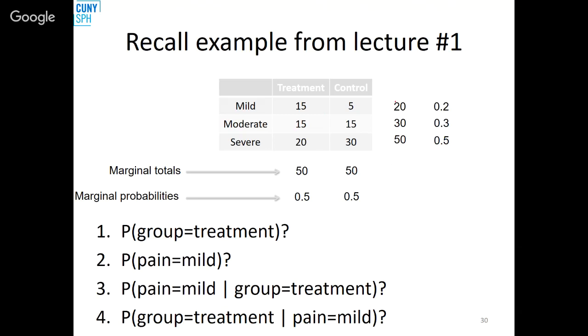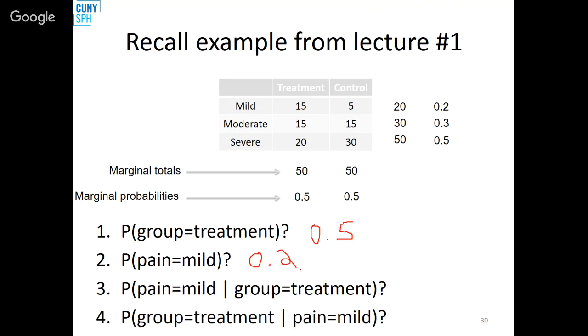Here are our numbers. 50%. Very good. 0.5. The probability of reporting mild pain, the probability of pain equals mild. 0.2. Very good.